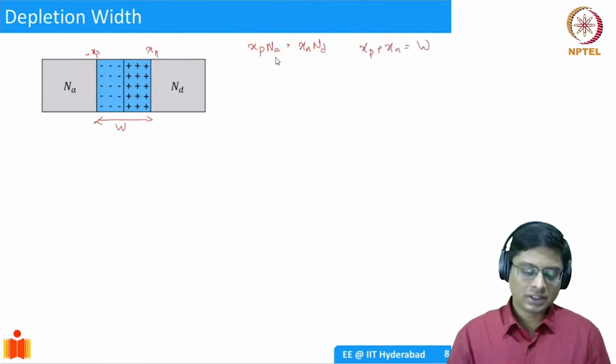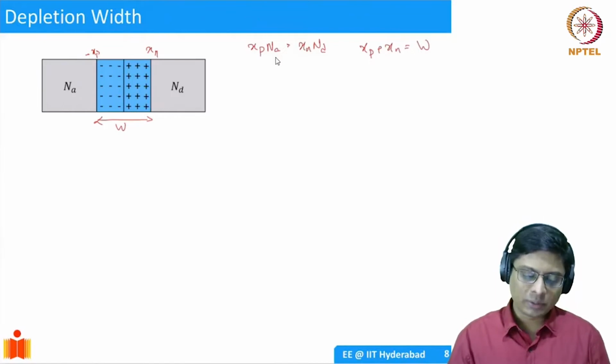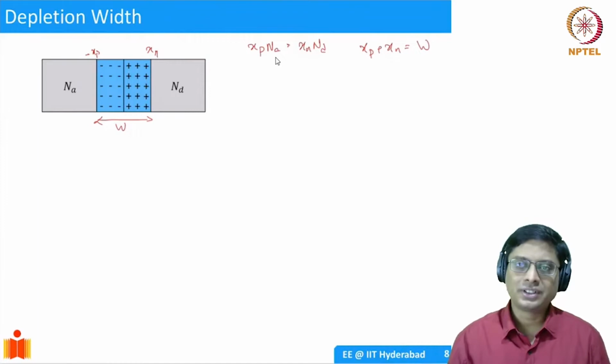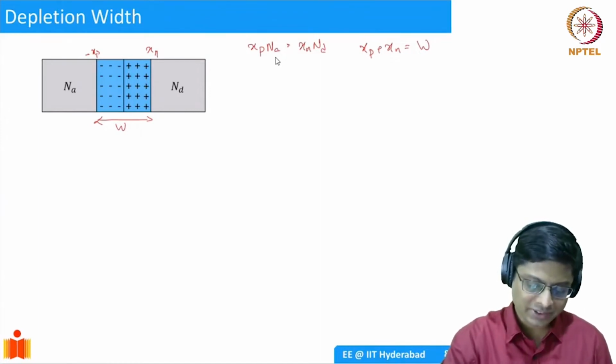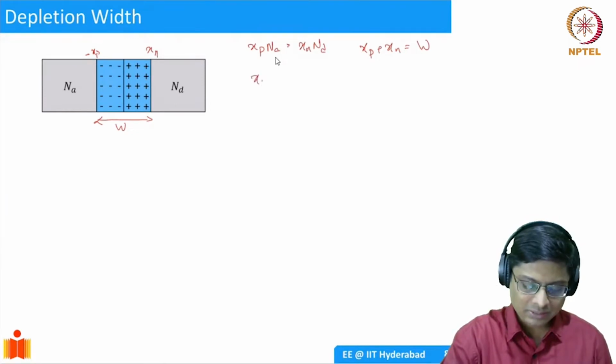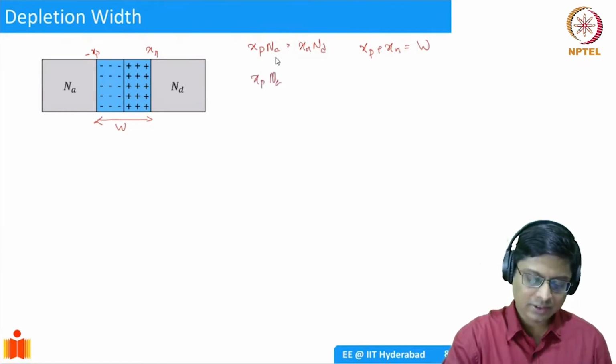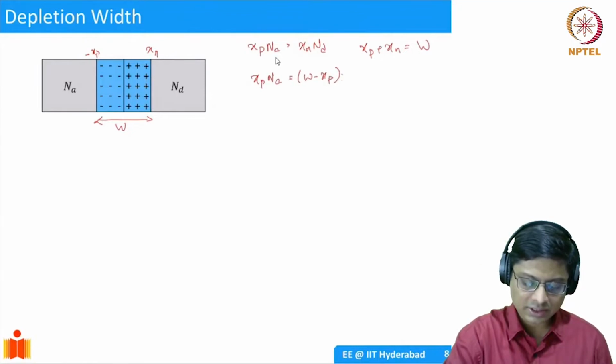All right. So now we would like to get an estimate for W, or calculate the expression for W. So I'll rewrite this expression. I'll simply say xp times Na is going to be W minus xp times Nd.